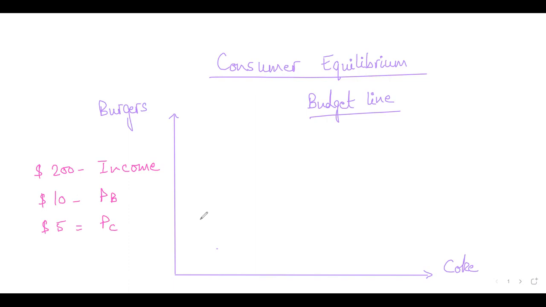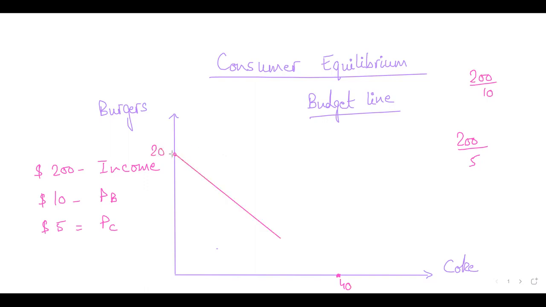So if a consumer decides to spend all of his income on Coke, then what's the maximum number of units of Coke that this consumer can buy with available income? All you have to do is divide this 200, which is your total income, by 5, which gives you 40. So the total quantity of Coke that you can buy with available income is 40. Similarly, the total quantity of burgers that you can buy with available income is 200 divided by 10, which is 20 units of burgers, right?